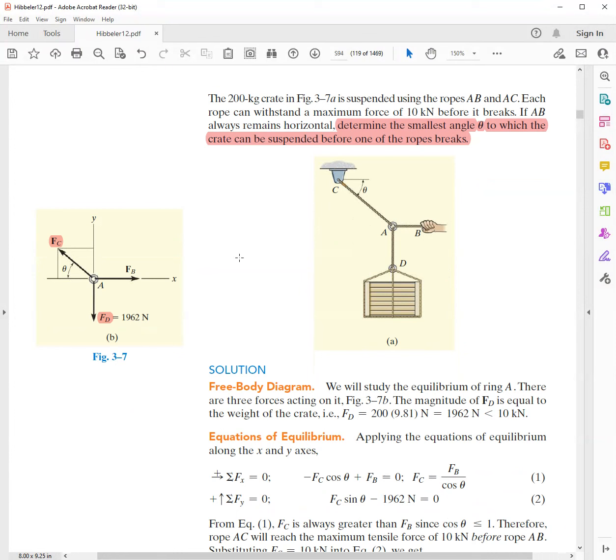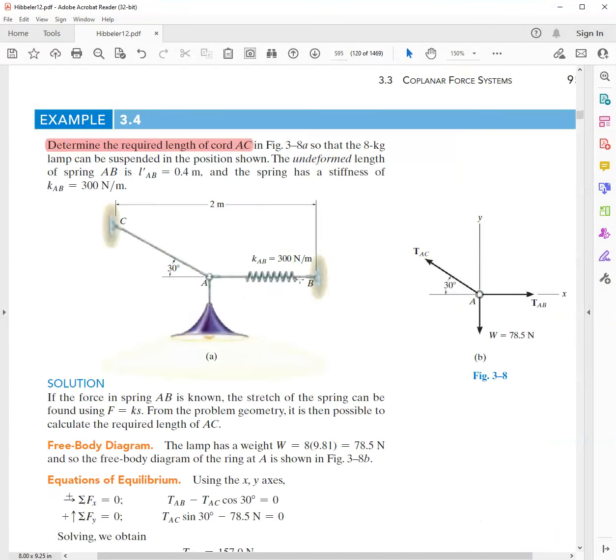So again, in this case, we have geometric information that is unknown along with a force. And here it shows the case with the spring, again massless, the horizontal distance C known. The question is, what is the length AC, with this having to be 30 degrees.